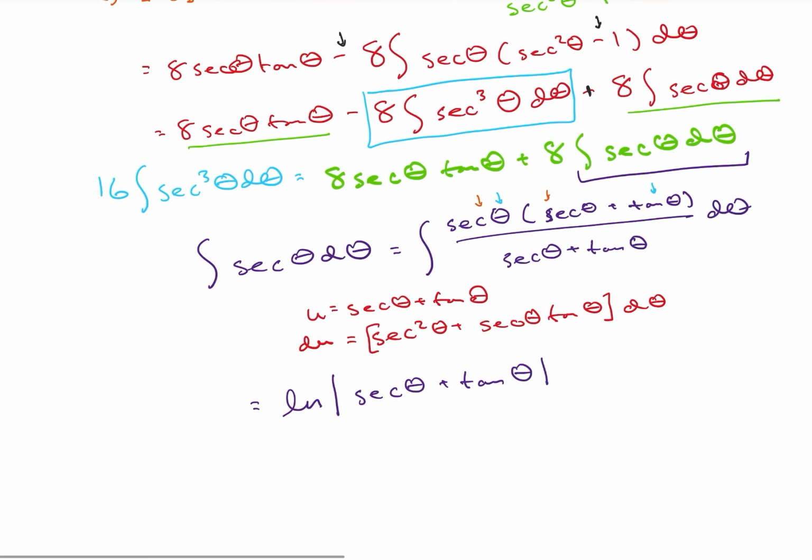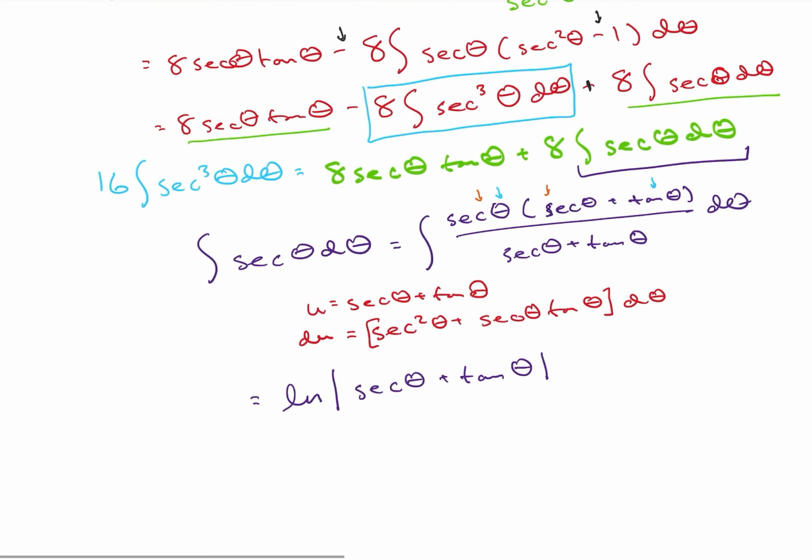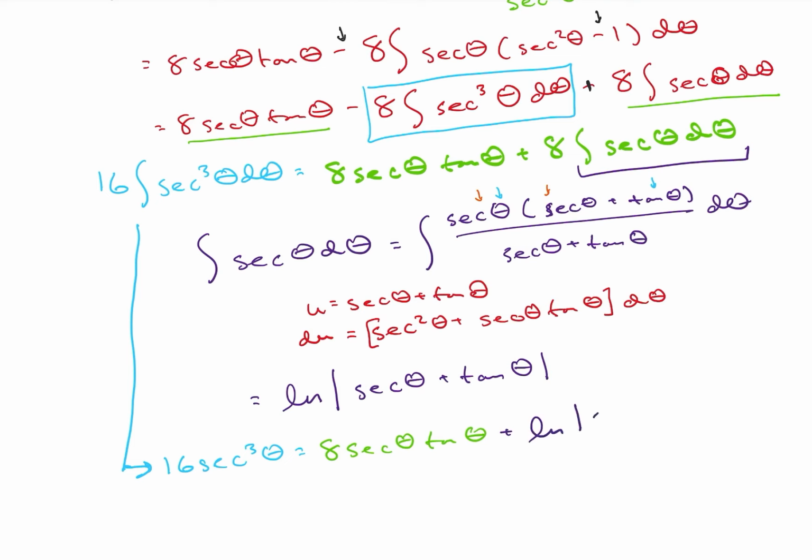So if I look at my original form up here, now if I combine my terms, I'm going to get 16 secant cubed of theta is equal to 8 secant theta tangent theta plus the natural log of secant theta plus tangent theta.